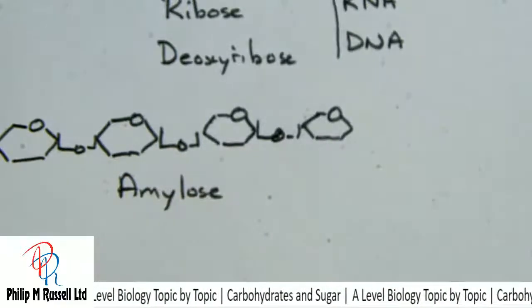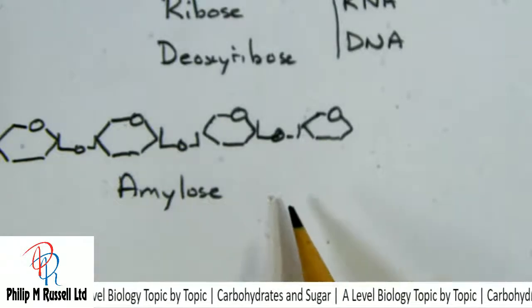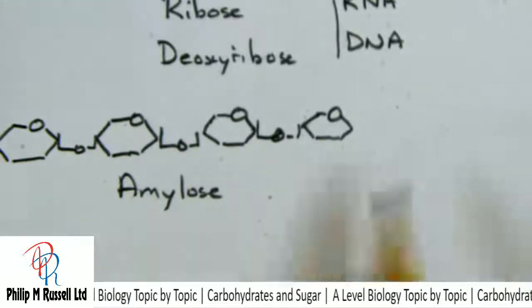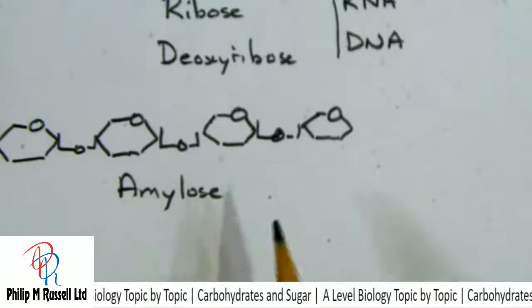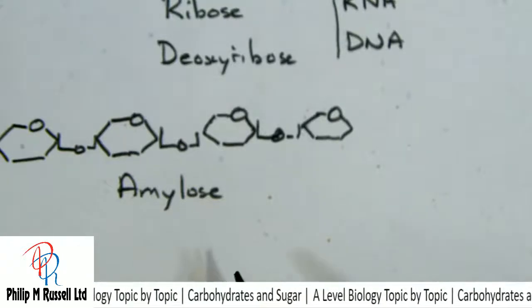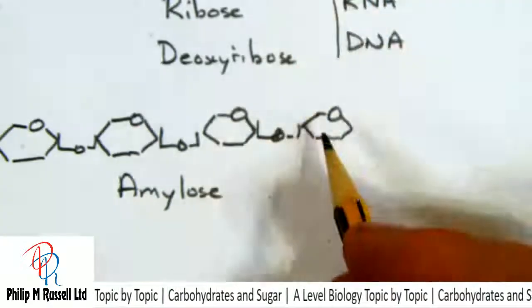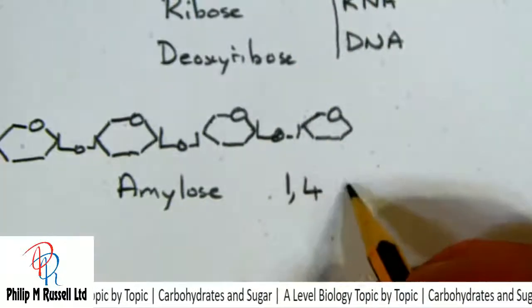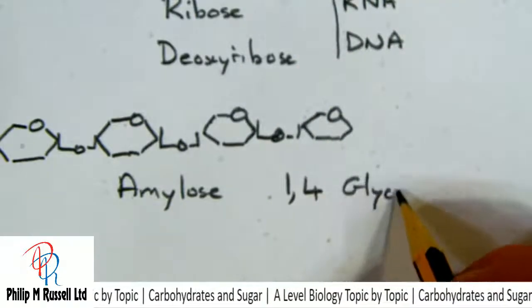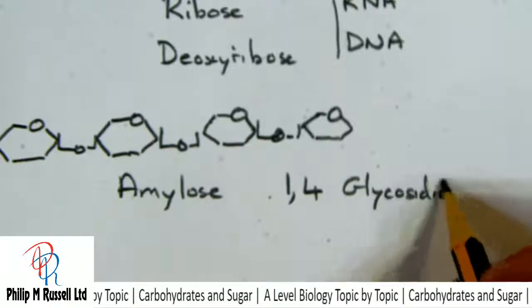So this is just a little bit of a molecule of amylose, and amylose here is formed simply by these 1,4 glycosidic bonds.